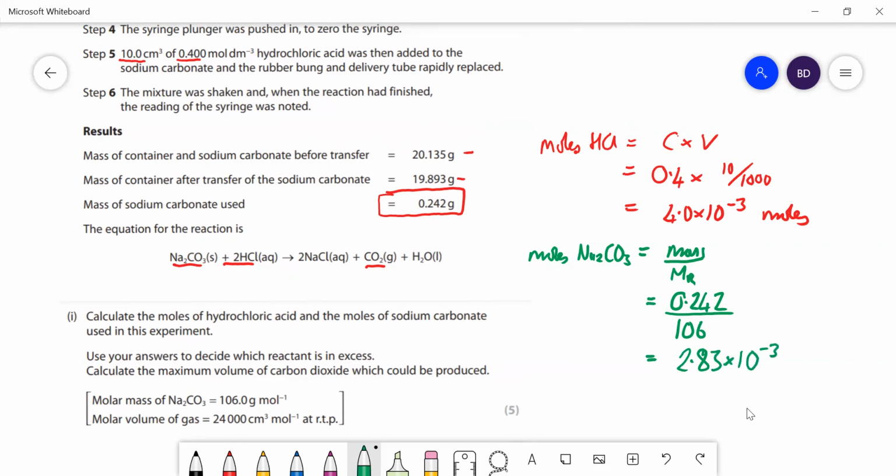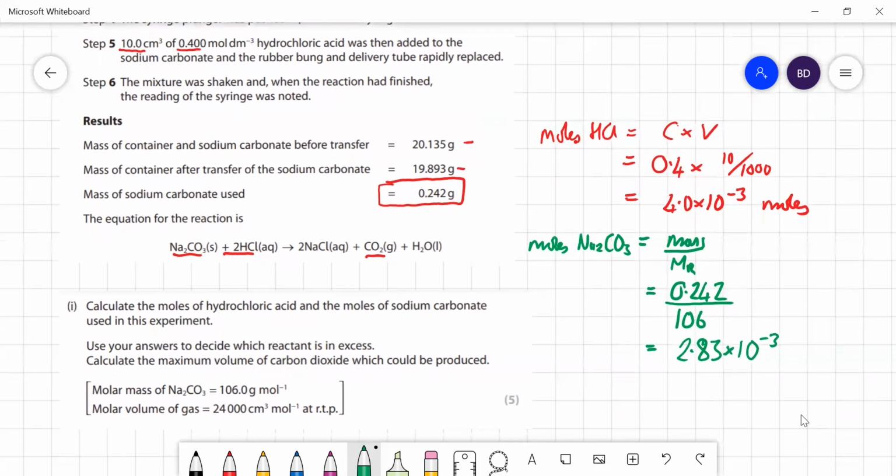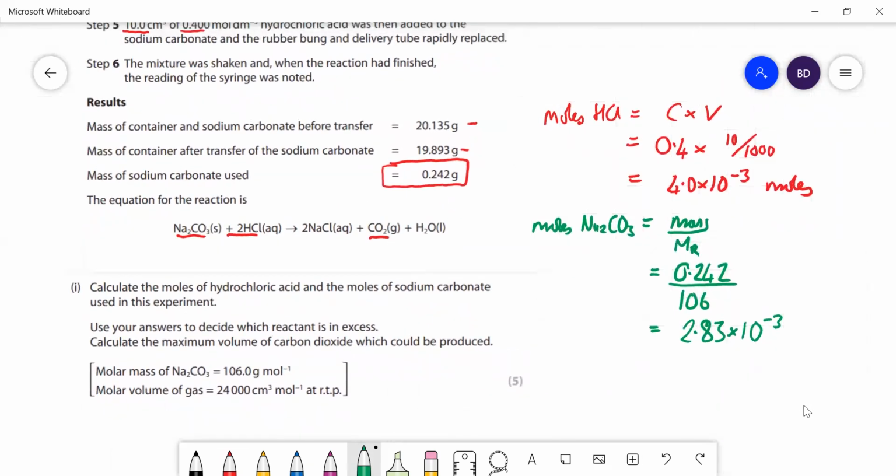Okay, now we've got more moles of HCl than sodium carbonate, but we have to be careful here because we need to look at the molar ratio. And here's the equation. Look, 1 mole of sodium carbonate requires 2 moles of hydrochloric acid. So we're going to need twice that amount of HCl to react with all of that sodium carbonate.